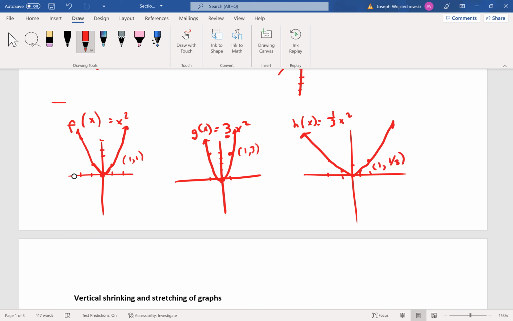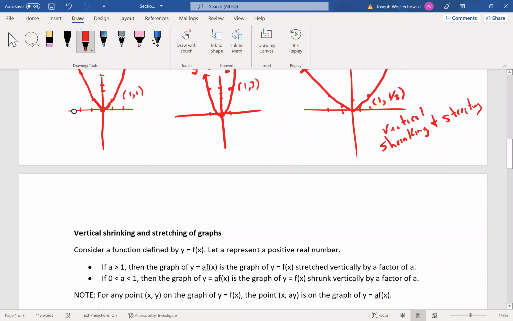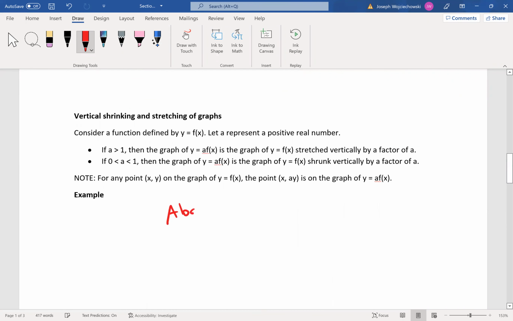So this is vertical shrinking and stretching. Okay, so we'll just use those for that above.